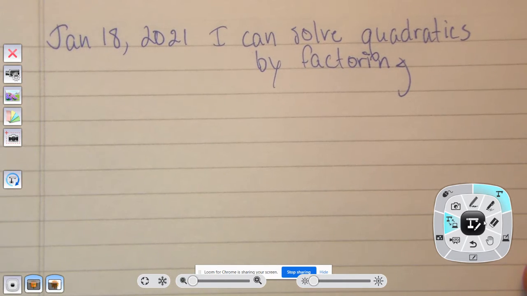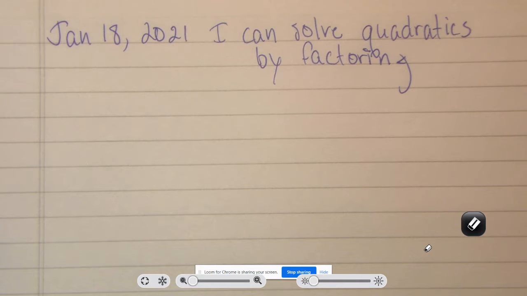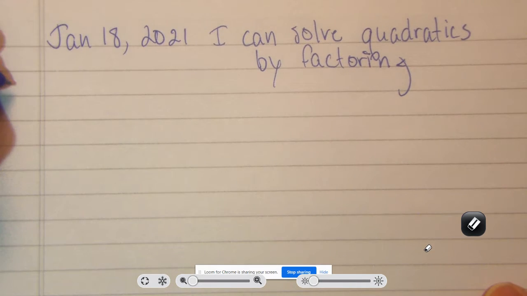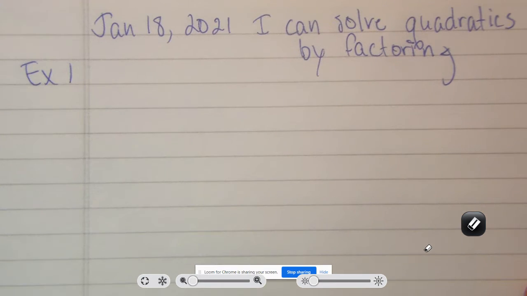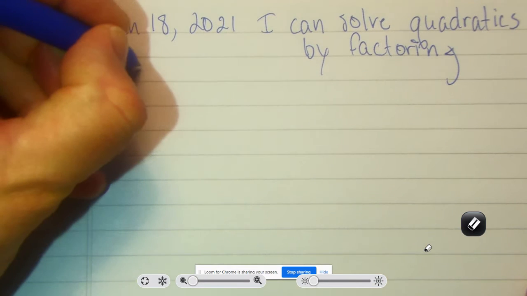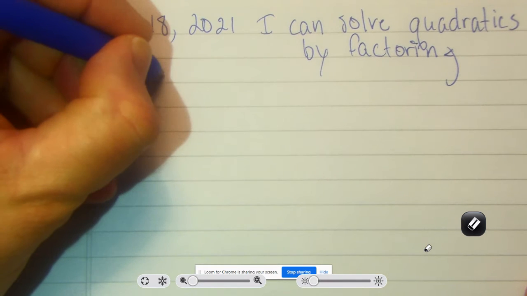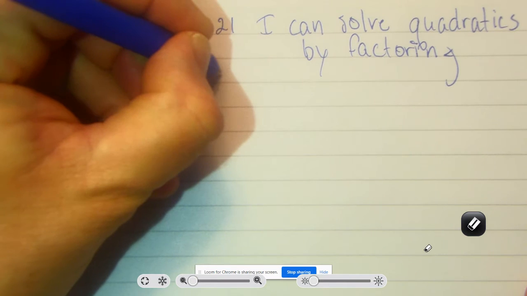So write this first example down, please, okay? This is example 1. x squared minus 8x equals negative 12.